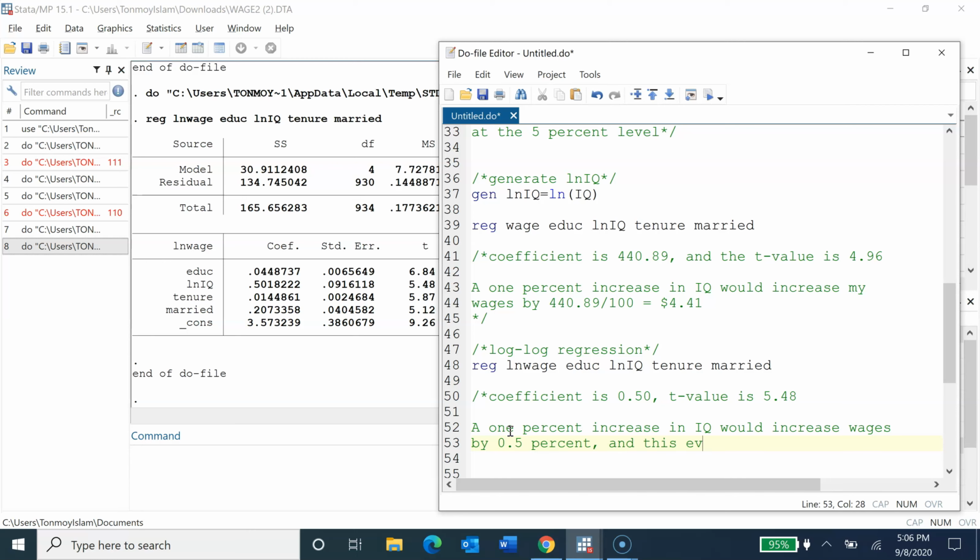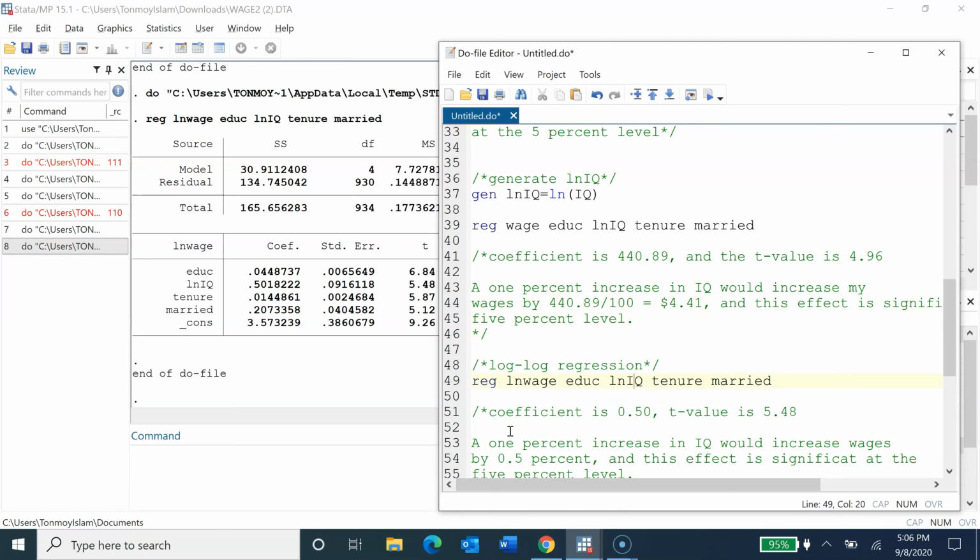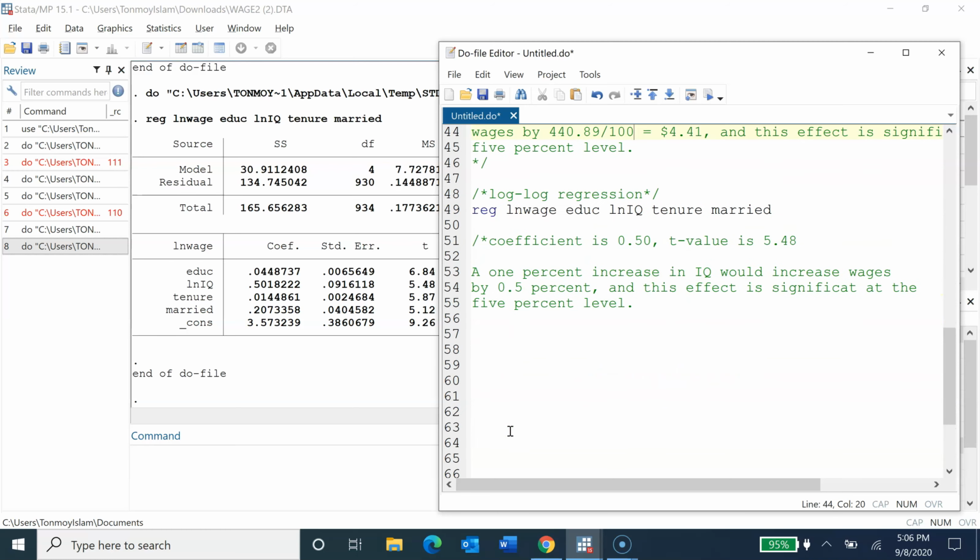And this effect is significant at the 5% level. We actually did not write this in here, so we actually should write it.